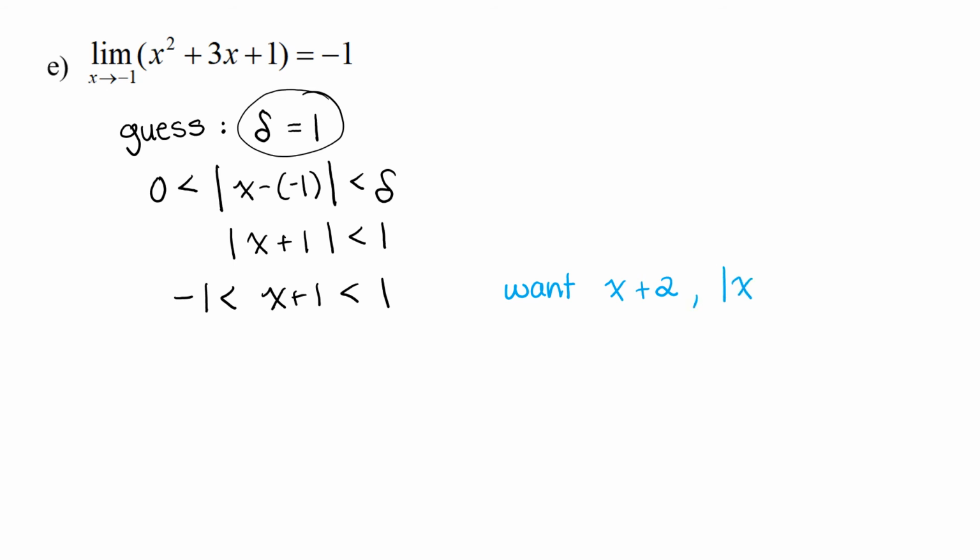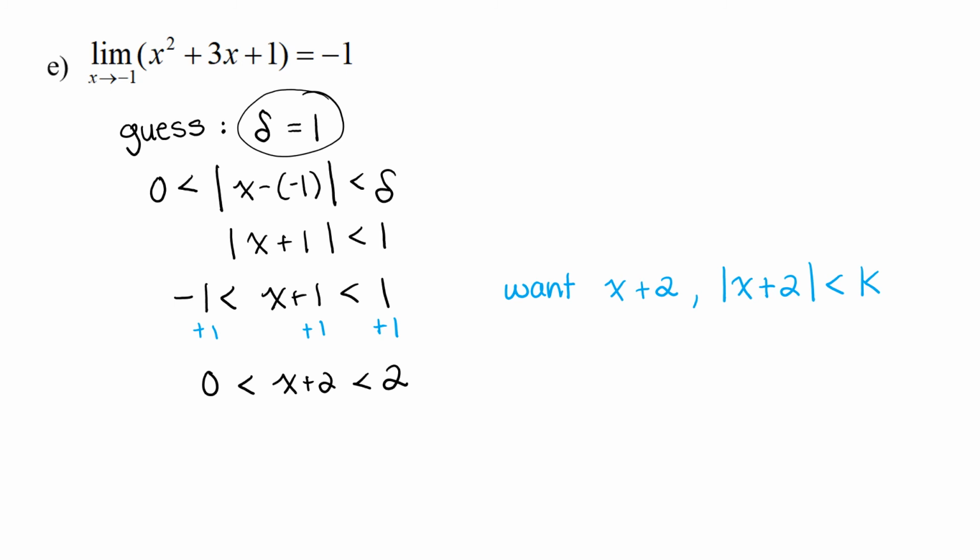So we want an absolute value of x plus 2 is less than something so that we can get a good guess for k. So in order to get this plus 1 to be a plus 2, we'll have to add 1 to each part of this inequality. So then we have 0 is less than x plus 2 is less than 2.